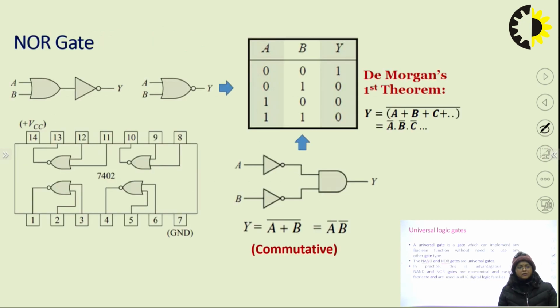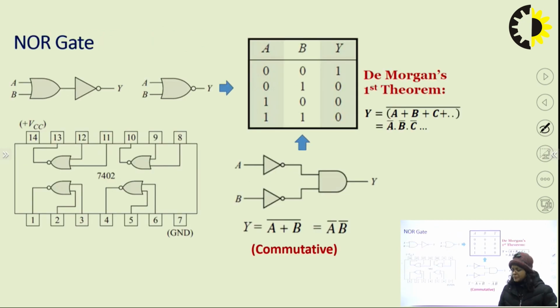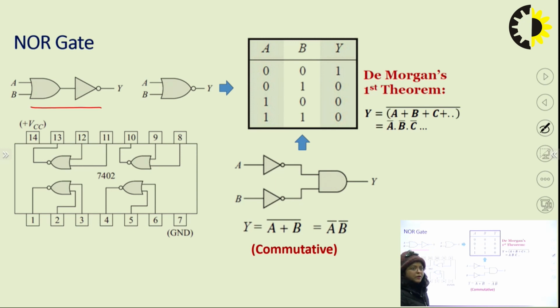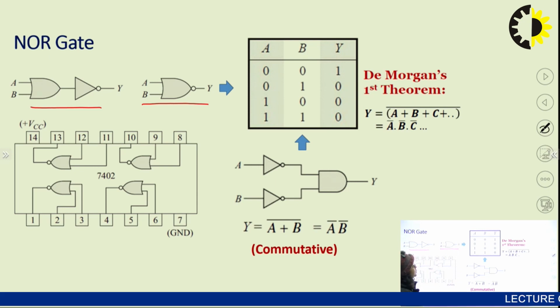We will see NOR. As I have told you, the opposite of OR gate is NOR gate. So we can simply write this symbol: OR plus NOT gate is NOR gate, or the combined symbol is OR with an output notch. Now what about the truth table?